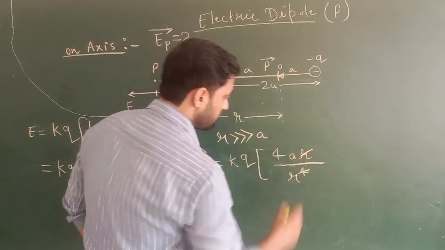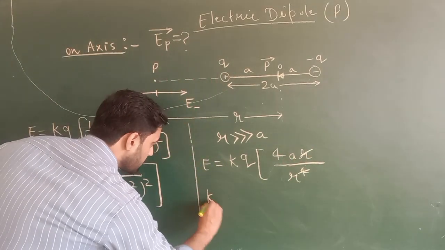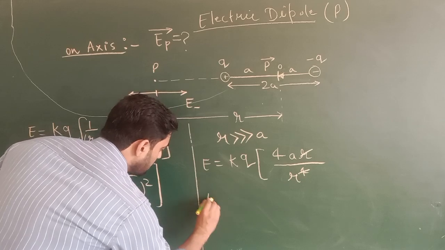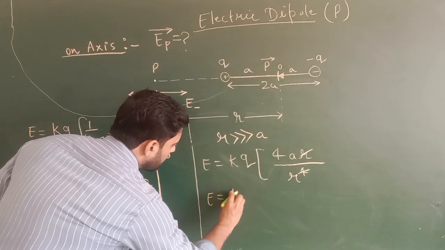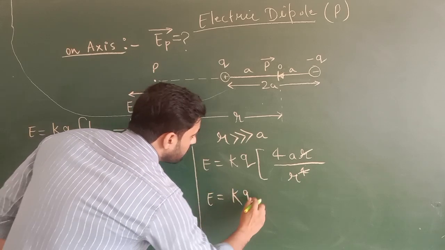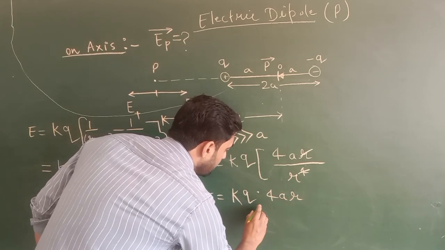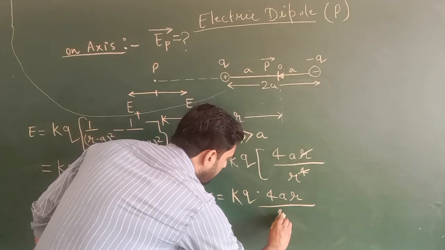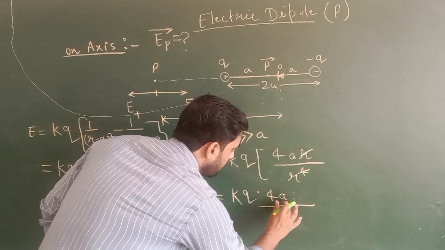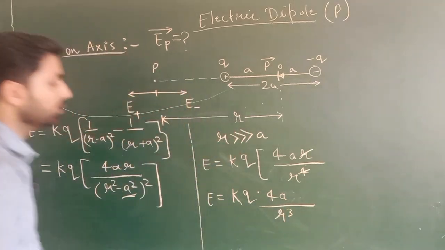One power of r is cancelled, so E equals kq times 4a divided by r cube.